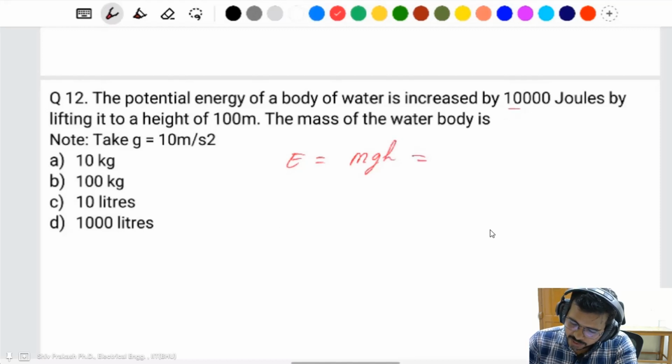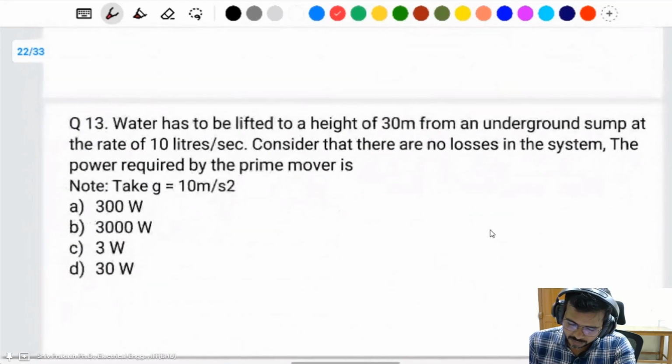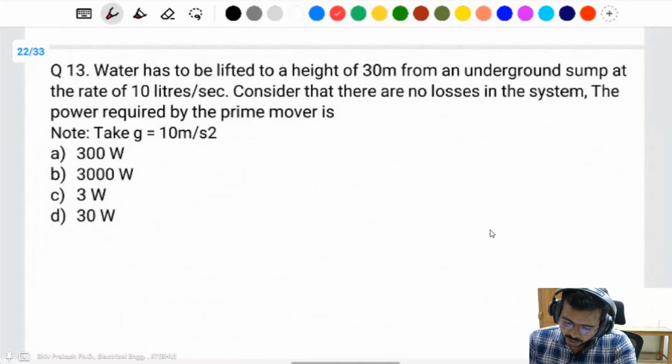The total energy is 10,000 joule, so 10,000 equals m, g is 10, and the height is 100 meter. And what is m? 10 kg.